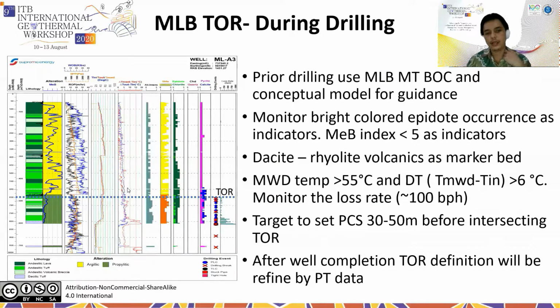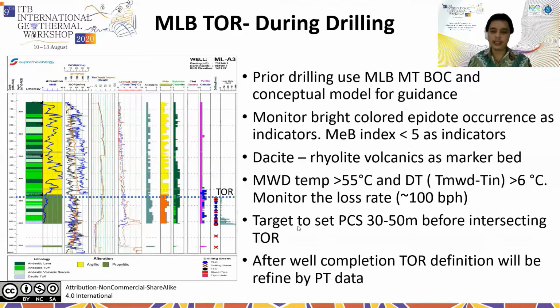We see that whenever we have an MWD temperature of more than 55 and the delta T of the temperature is more than 6 degrees, we are getting closer to the top of reservoir.